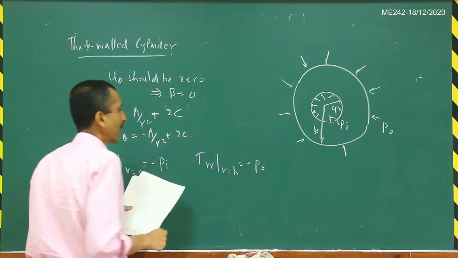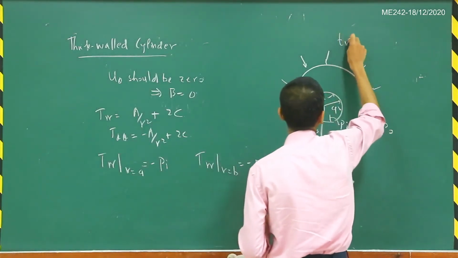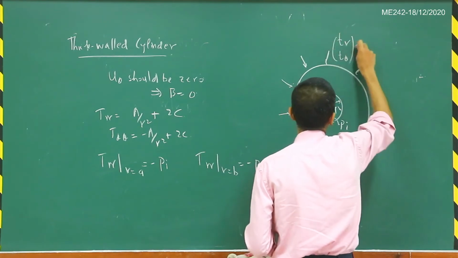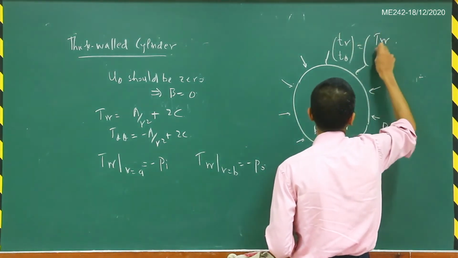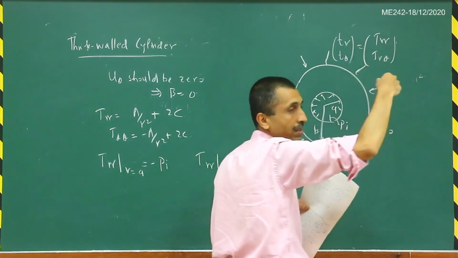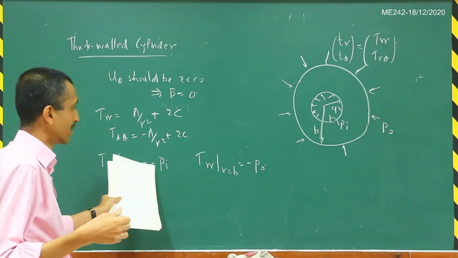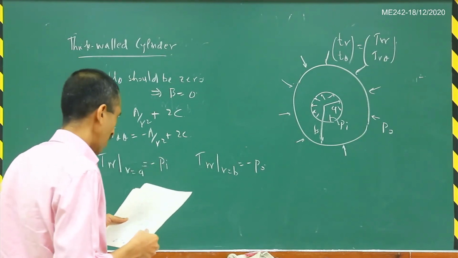This is again the same thing. I am using that the traction T_r, T_theta in this particular case is tau_r theta, and the pressure is compressive, so that is why the minus sign: minus P_i and minus P_o here.